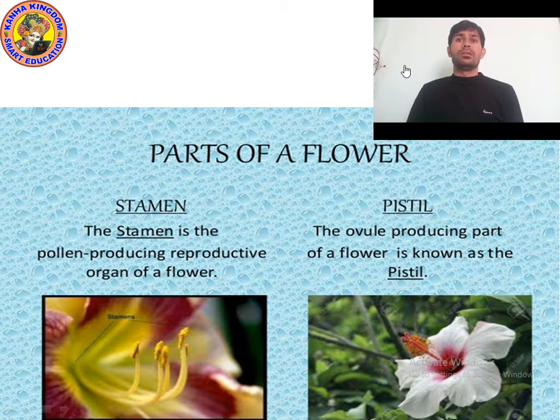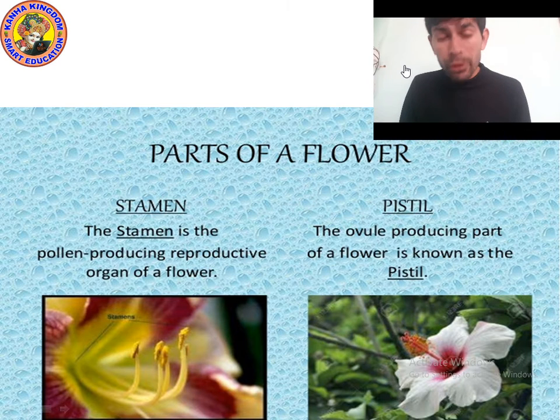So, what is stamen? As you can see on the screen, the stamen is a pollen producing reproductive organ of a flower. Yes, it is a pollen producing organ.